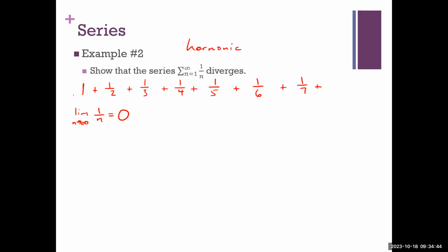I have a 1 here, and I have a 1/2, right? So basically, the way that I'm going to think about this is, let's start collecting things that are at least as large as a 1/2. So I have a 1, and I have a 1/2. These next two terms, what is 1/3 plus 1/4?